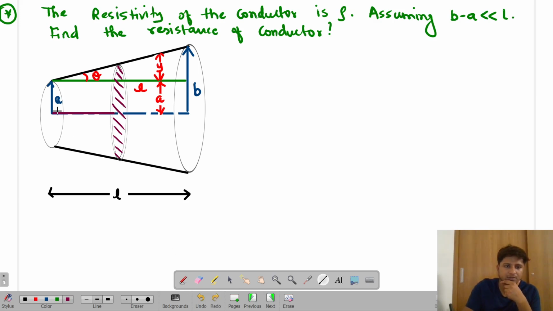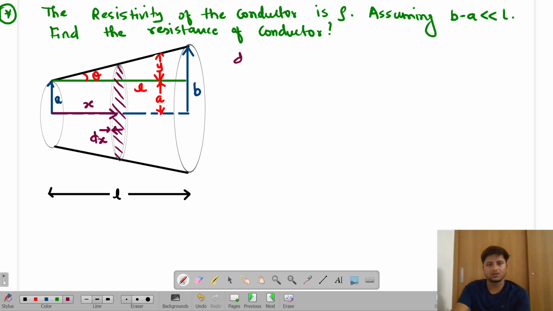Let us consider that this is located at some distance x, isn't it? So look over here. What will be the area of this? If I can find dR, let us consider that its thickness is dx. This thickness is dx.